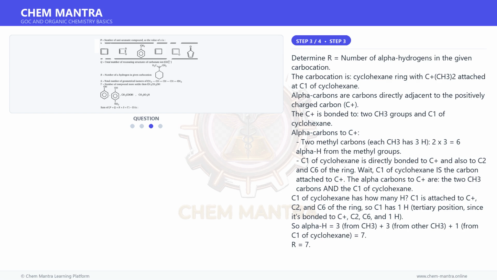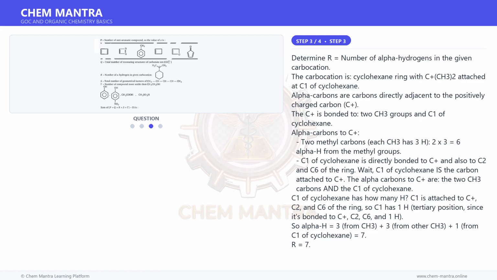Moving on to the next step. Determine R, the number of alpha hydrogens in the given carbocation. The carbocation is a cyclohexane ring with C+, CH3, CH3 attached at C1 of cyclohexane. Alpha carbons are carbons directly adjacent to the positively charged carbon.